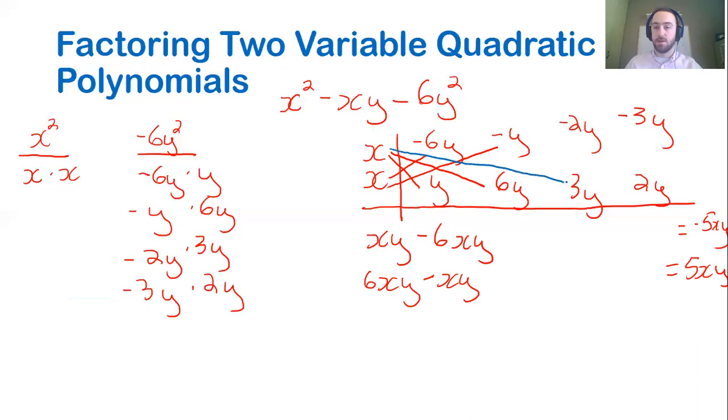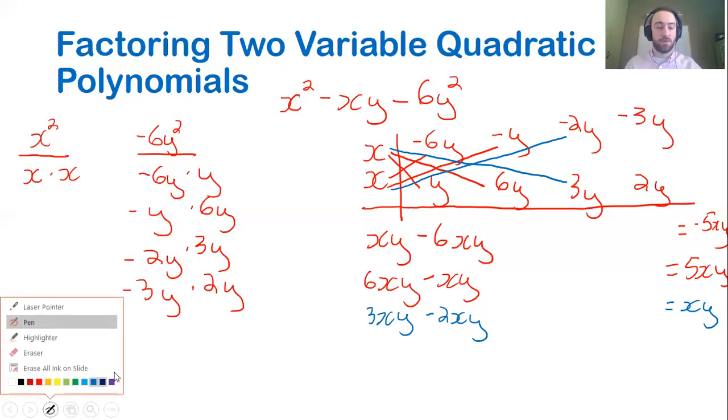In this case, we have x multiplied by 3y, giving us 3xy. And here we have x multiplied by negative 2y, giving us negative 2xy. Doing the addition, we're left with positive xy. Close, but not exactly our middle term. Our middle term is negative xy.